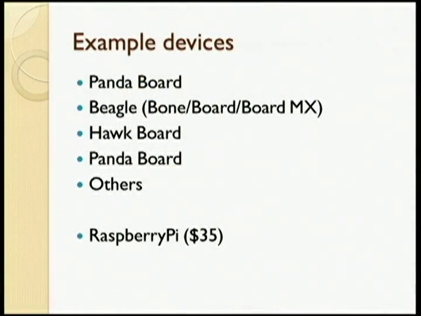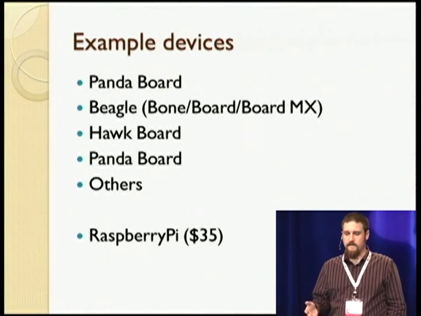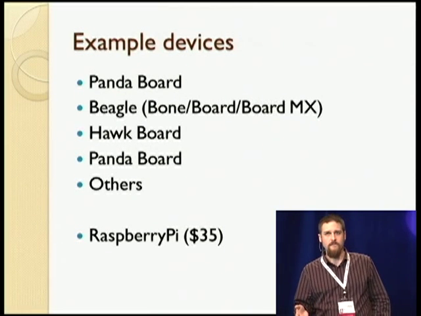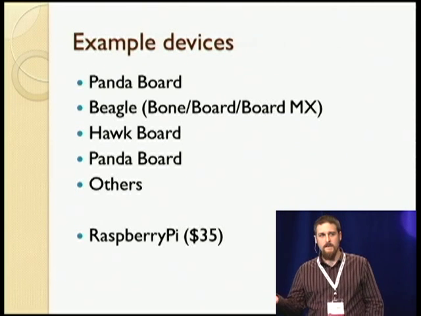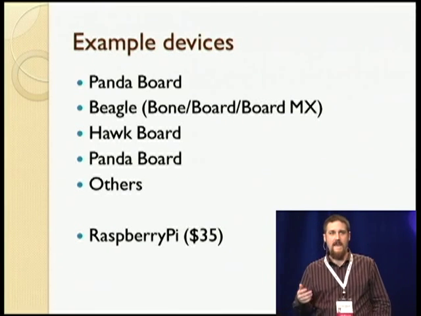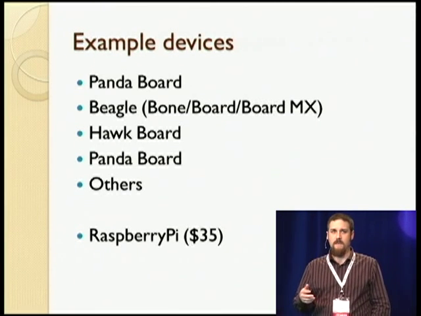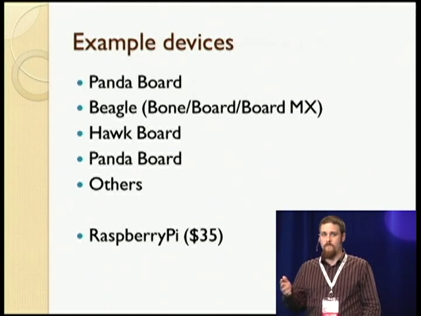So the other good thing about Python and embedded development at the moment is that it's easier than ever to get involved with embedded devices, because there's a whole bunch of devices that are under $200 that have Linux on them, and most of them already come with Python on them, so you can get going right away.